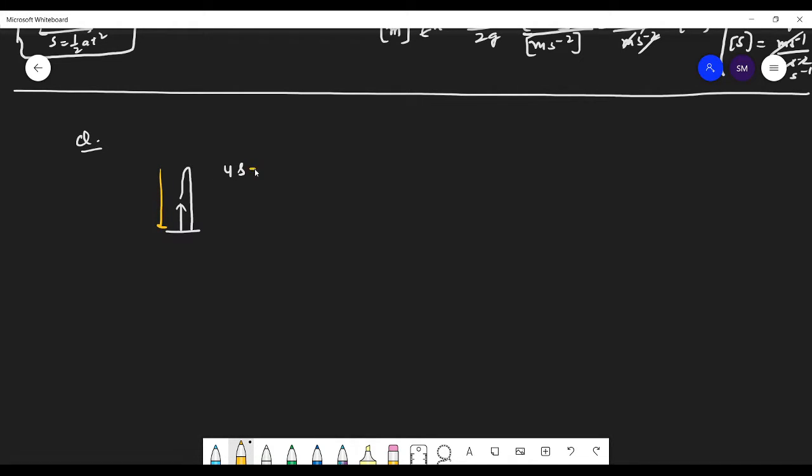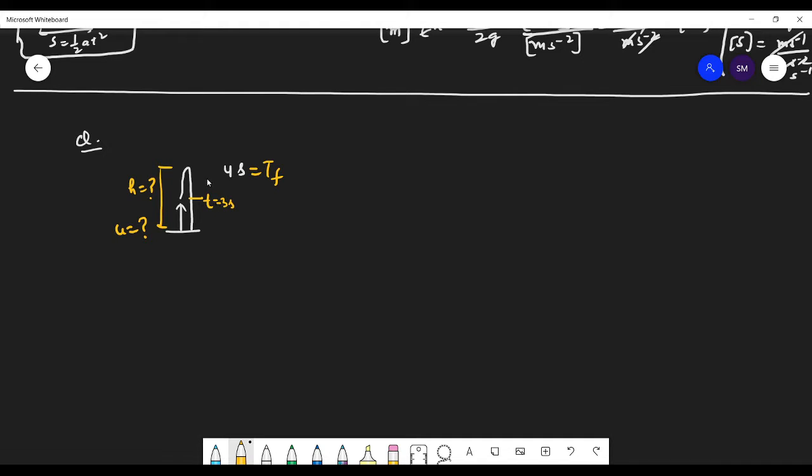So 4 seconds is the time of the flight, right? So how high will it go? With what velocity was it thrown? How far was it below the highest point after 3 seconds? So here the time is 3 seconds.